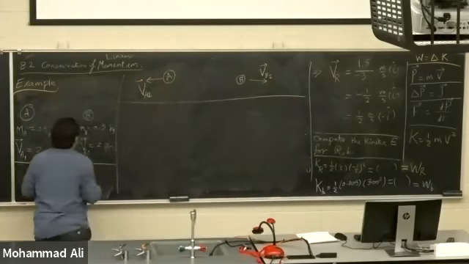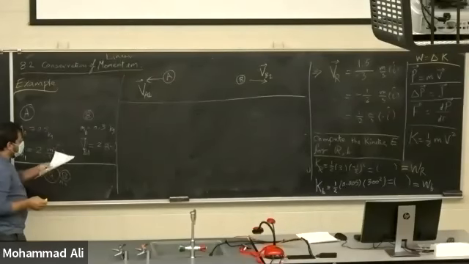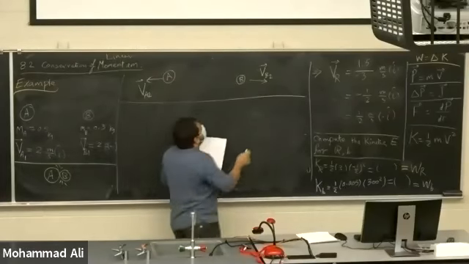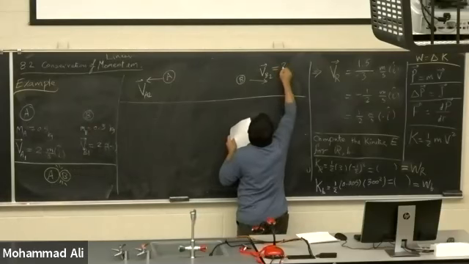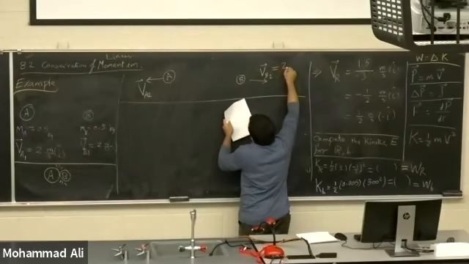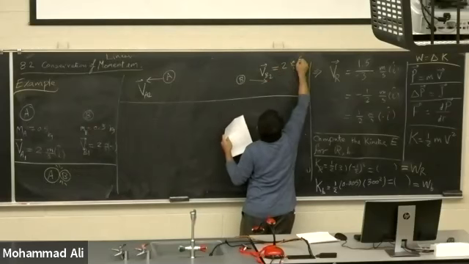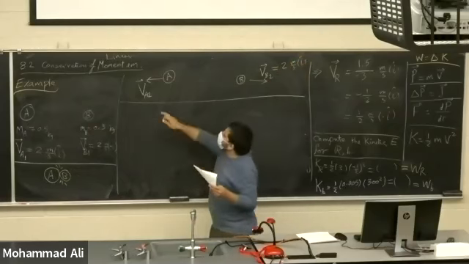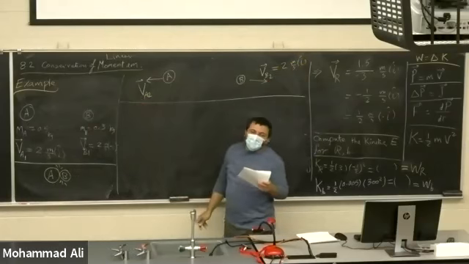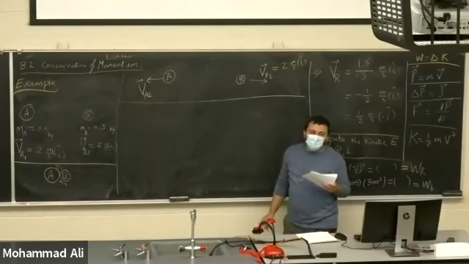Now, if V B2 is equal to 2 meters per second in the I direction, what is the velocity for ball number A?